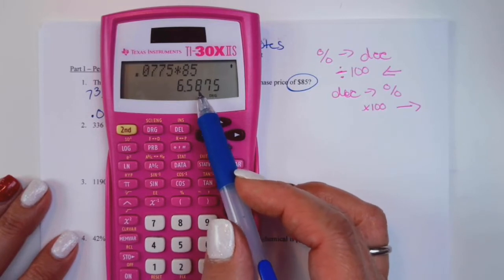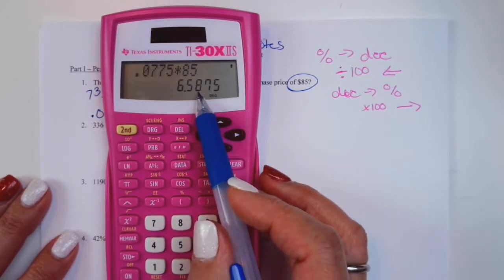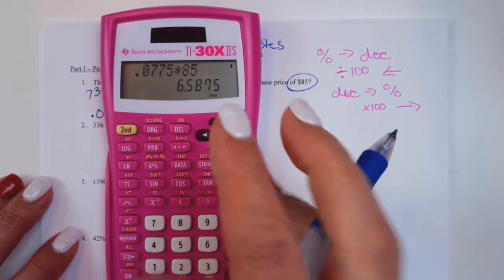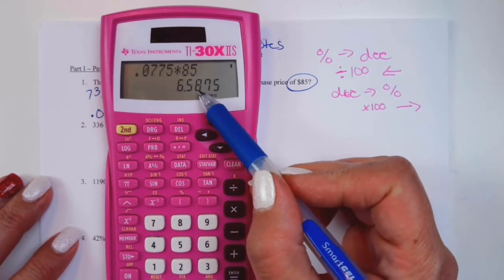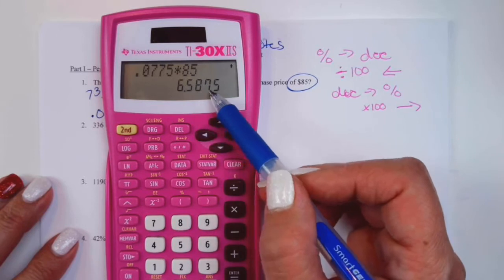Of course, we are talking about dollars now, so we're going to cut it off between the 8 and the 7 because we don't have thousands of dollars. We're going to have to just stop it. Round it between 8 and 7.